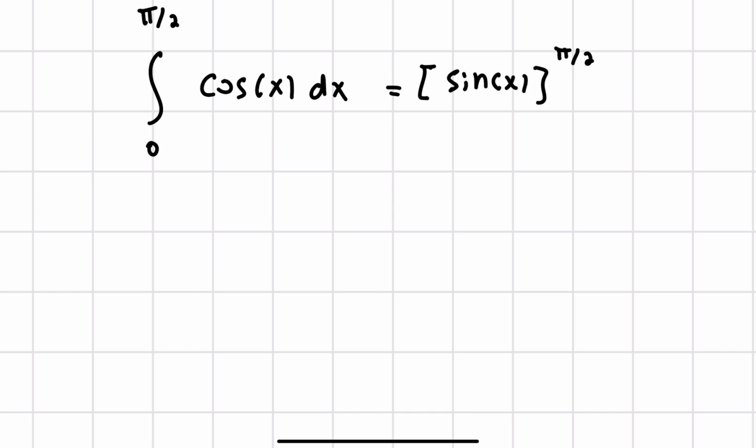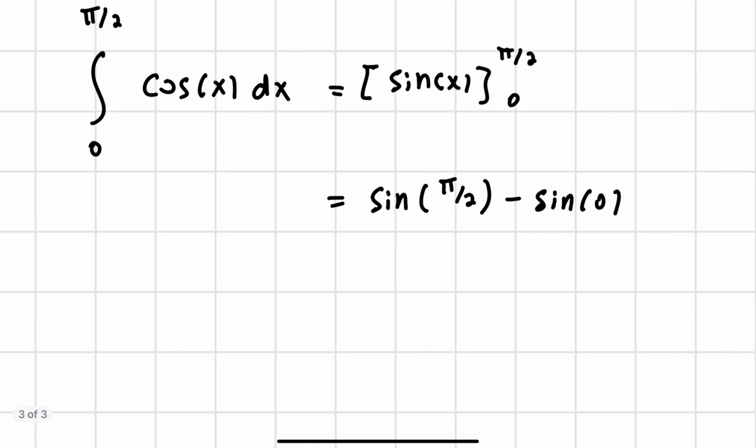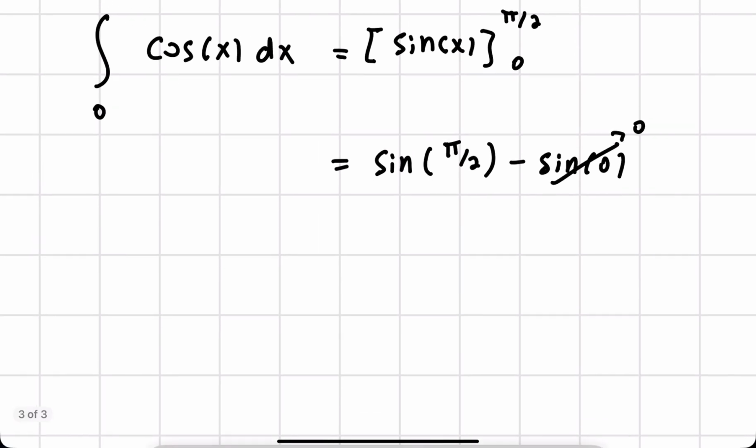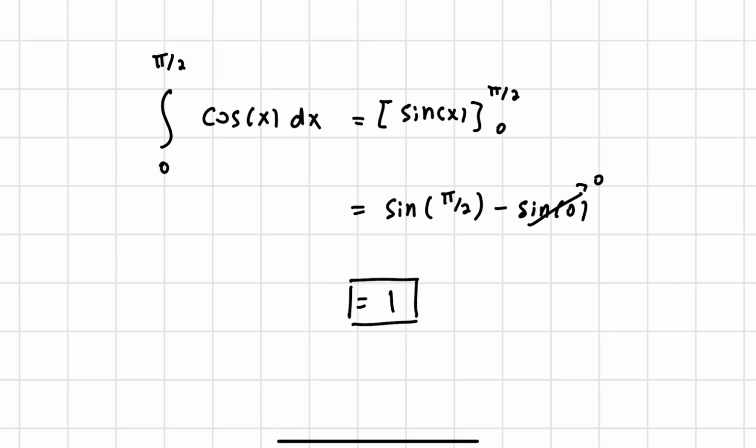Then let's write out the upper bound and lower bound, and then let's evaluate them. So sine pi over 2 minus sine 0. We know sine 0 is equal to 0, and then sine pi over 2 is simply equal to 1. And 1 is our final answer.